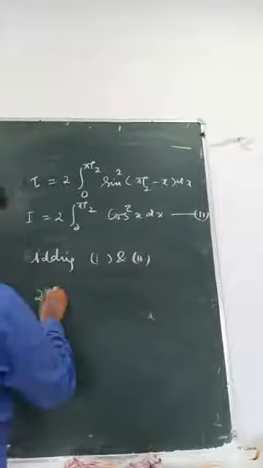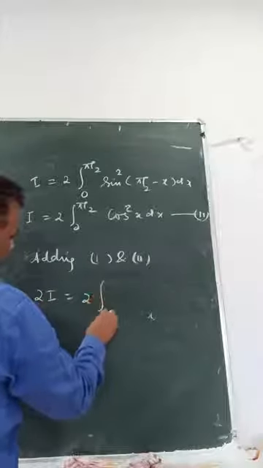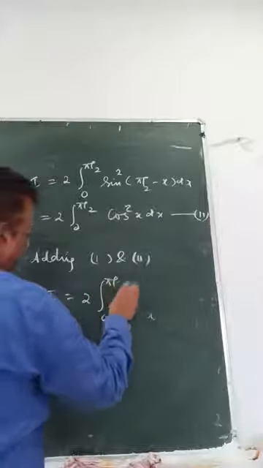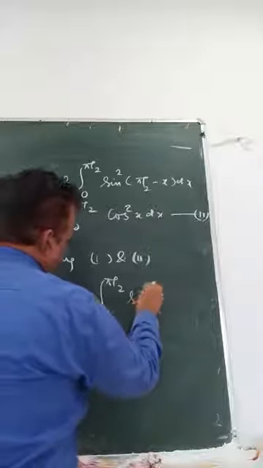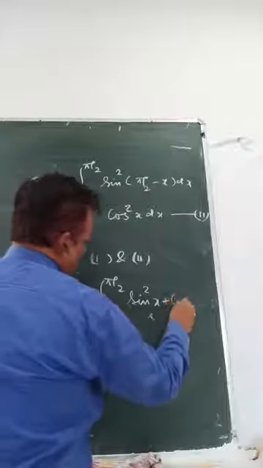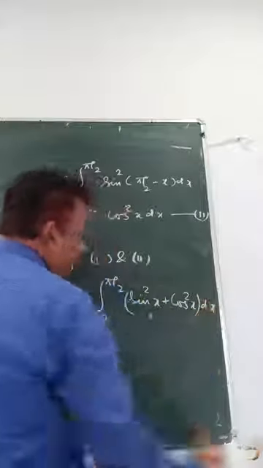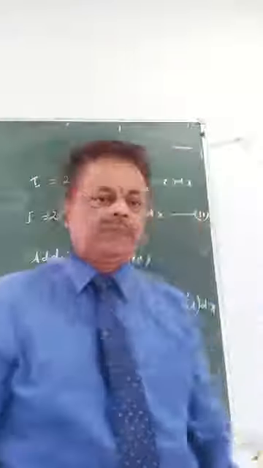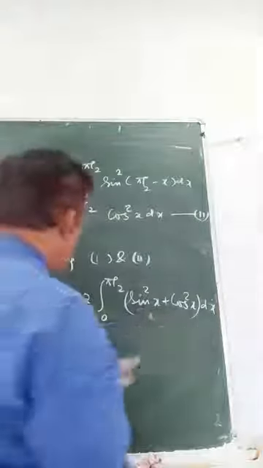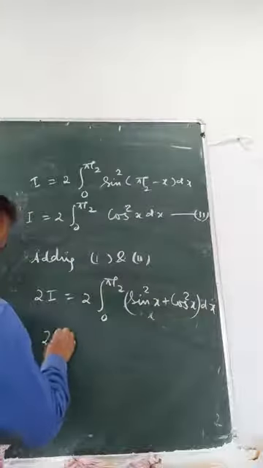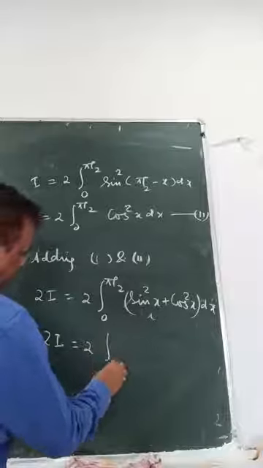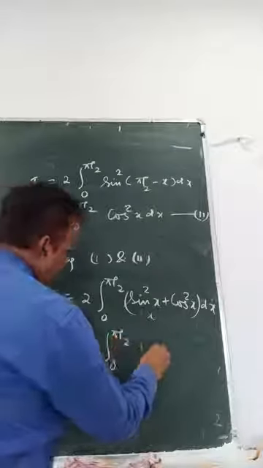So adding, 2I equals 2 times the integral from 0 to pi by 2 of sin square x plus cos square x. Sometimes you have to use 3 properties together also. So that will become 1. 2I equals 2 times the integral from 0 to pi by 2 of 1 dx.